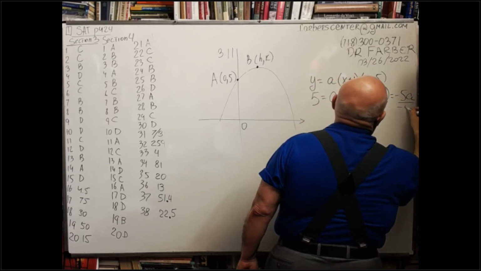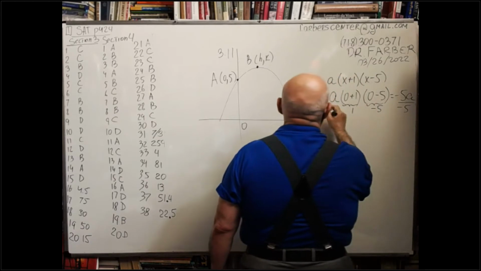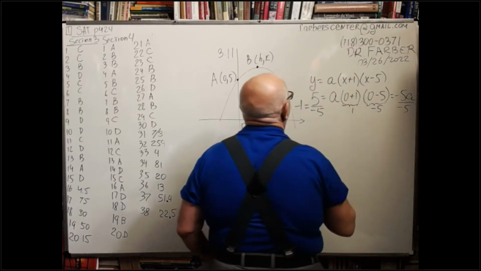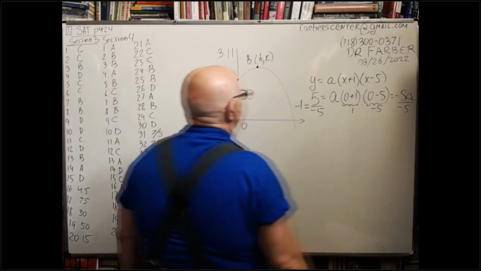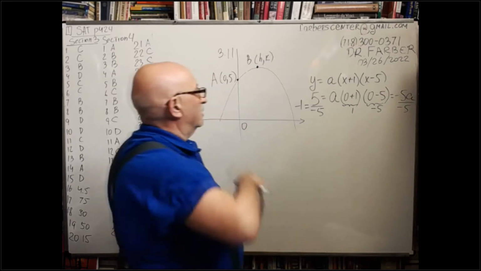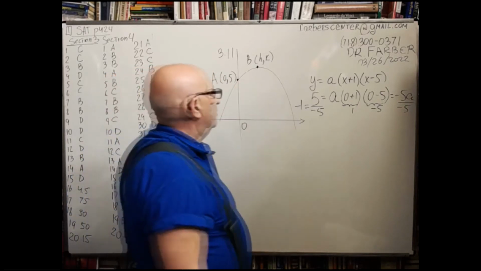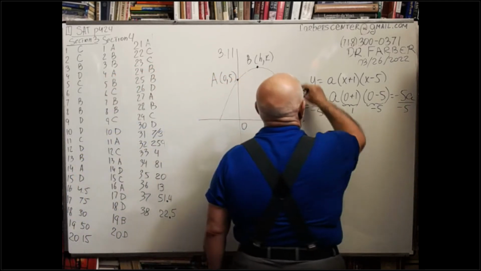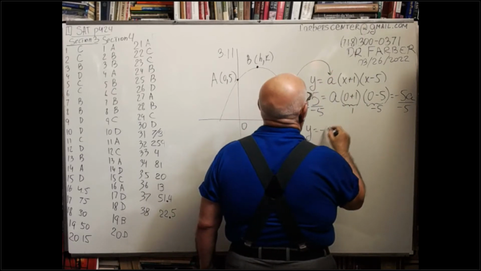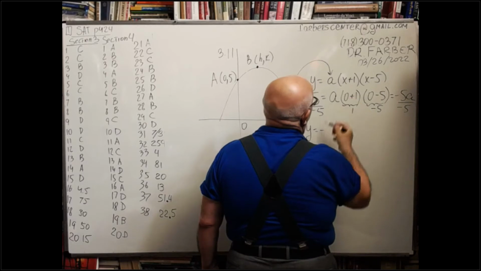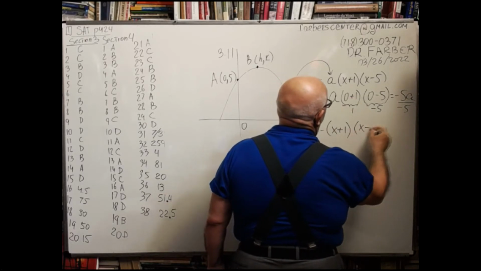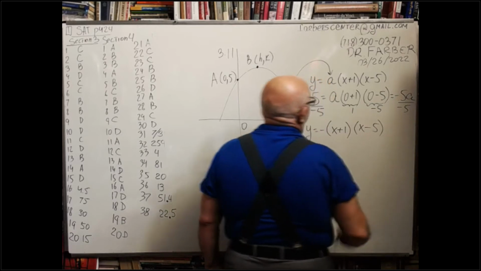If you divide both parts by minus 5, you have a equals minus 1. Since a equals minus 1, out of this set of parabolas, you can find one parabola. Plug in over there. And you have y equals minus 1, or just negative, (x plus 1) times (x minus 5). This is our parabola.